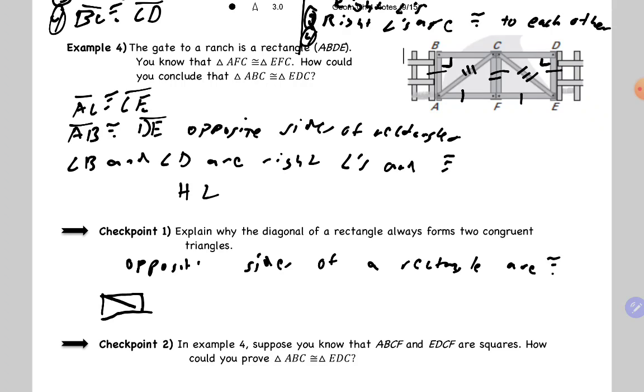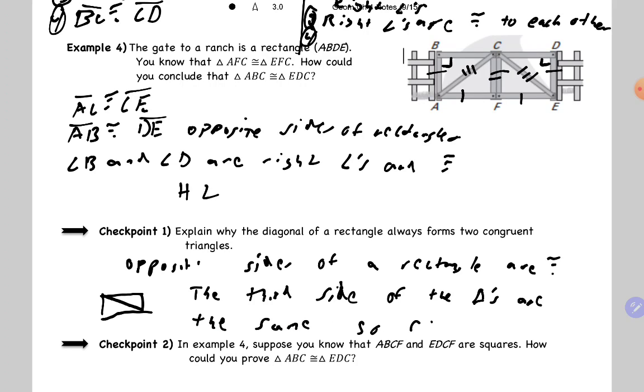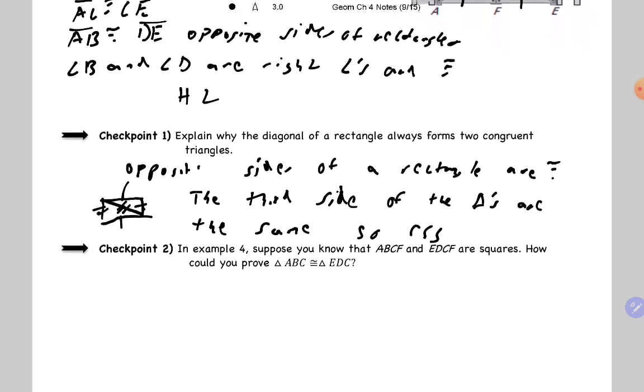And then when you put the diagonal in, the third side of the triangles are the same. So SSS. Because opposite sides of the rectangle are the same. And then the third side, the diagonal, is congruent to itself. So the two triangles are congruent.